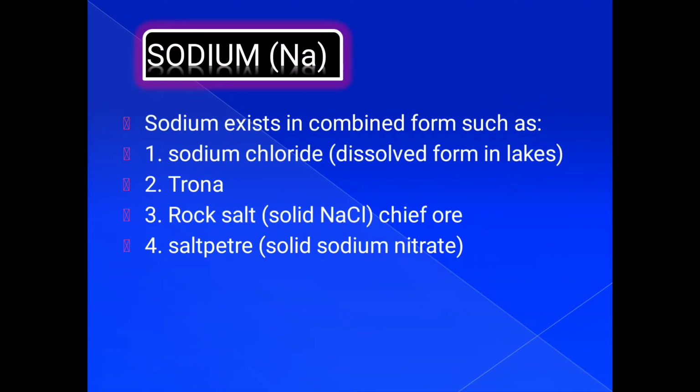We look at the first metal, which is called sodium. Sodium exists in combined form, such as sodium chloride, which is found in dissolved form in lakes or in the ocean. If you taste the ocean water, for example, the Indian Ocean water, it tastes so salty. The main component that contributes to the saltiness of such waters is the dissolved sodium chloride.